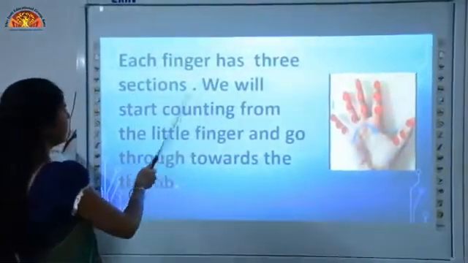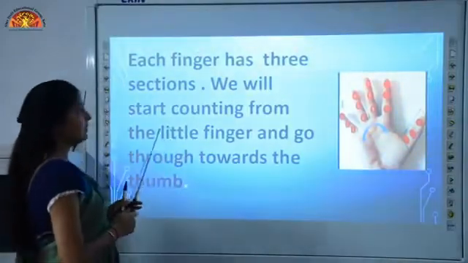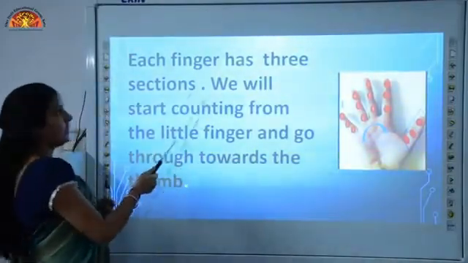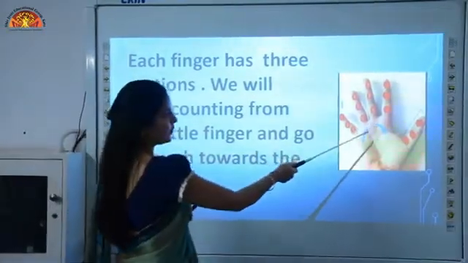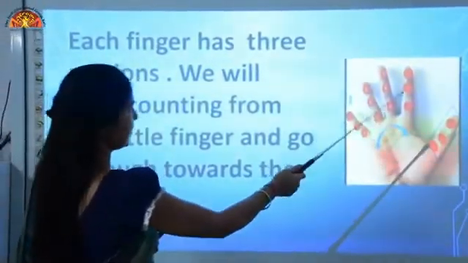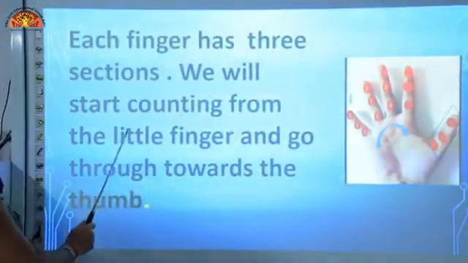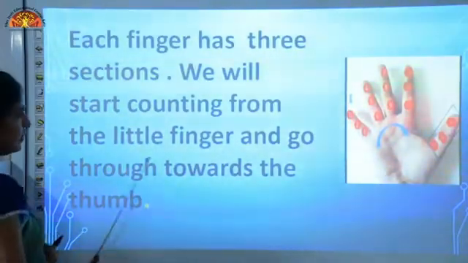Now, each finger has 3 sections. You all have your hand, and in your hand there are fingers, and each finger has 3 sections. Look here in this hand. We will start counting from the little finger and go towards the thumb.